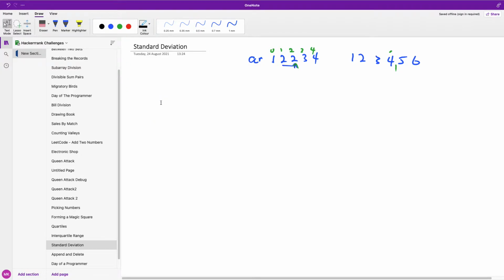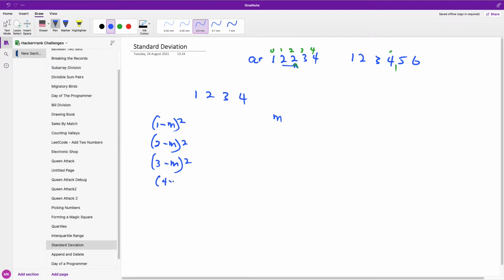Basically, standard deviation tells you the average distance of the elements of a list from the mean. So if we have, for instance, 1, 2, 3, 4, and you calculate the mean to be m, we calculate 1 minus m squared, 2 minus m squared, 3 minus m squared, and 4 minus m squared, and you get the total of these.